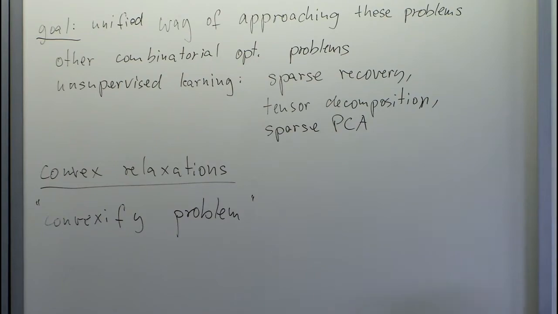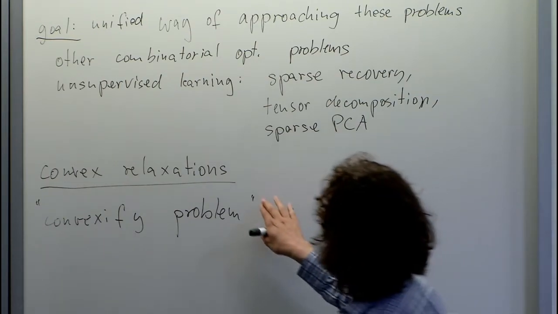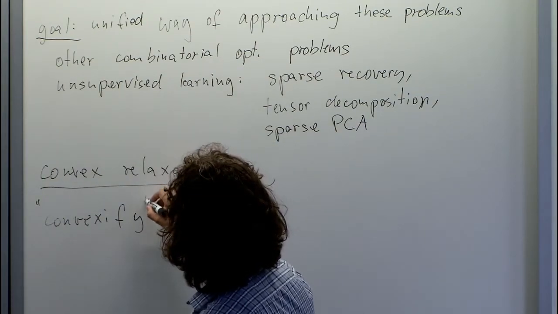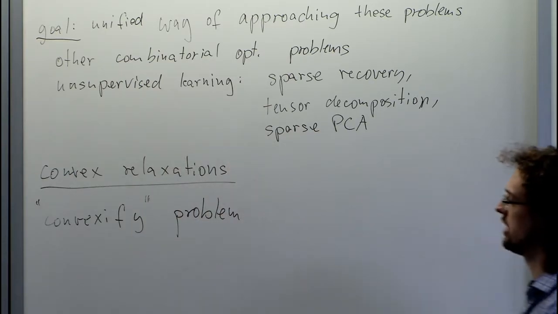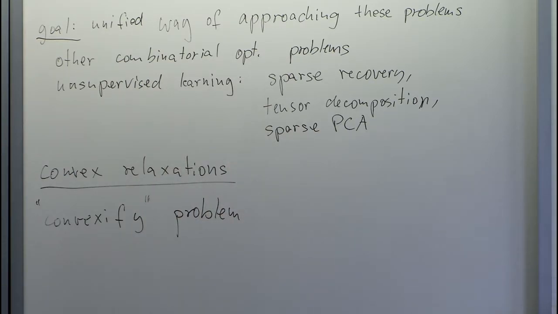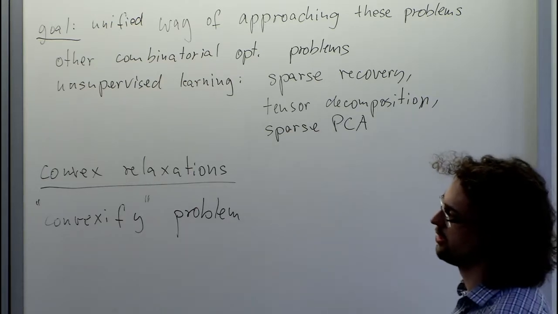And so it means that we want to make the problem into a convex problem. A convex problem means that you can take convex combinations of solutions and get solutions that are at least as good. So if you have a bunch of good solutions and you take a convex combination, you want to have another good solution.